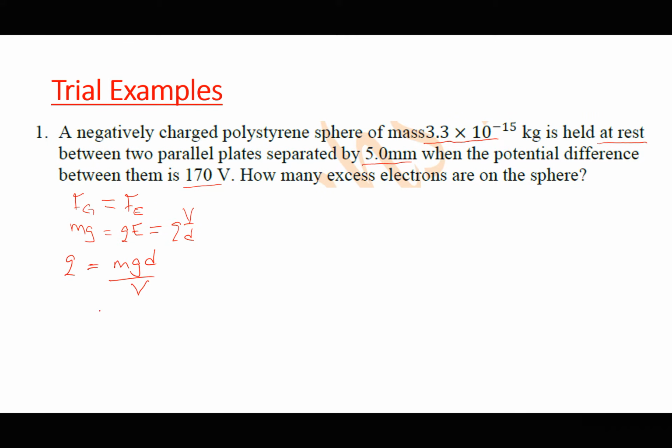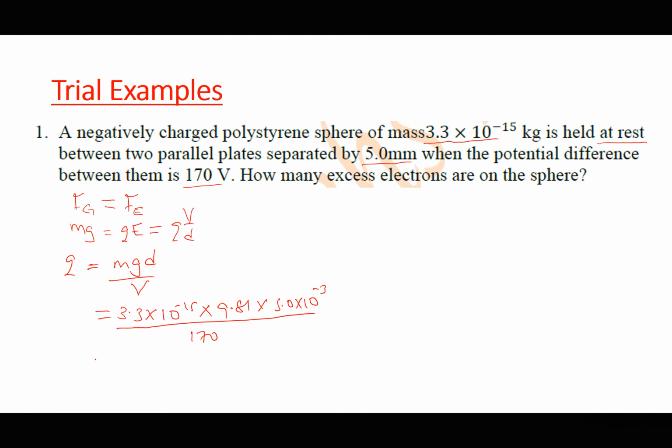So if we substitute quantities here, the mass is 3.3 times 10 power negative 15, assuming g is 9.81. The distance between the plates is 5.0 times 10 power negative 3, divided by the PD, which is 170.